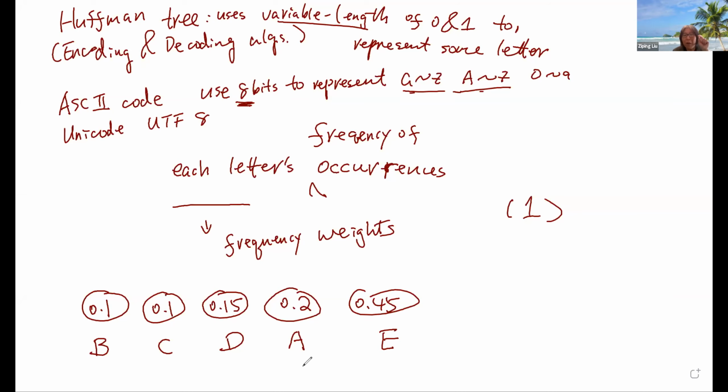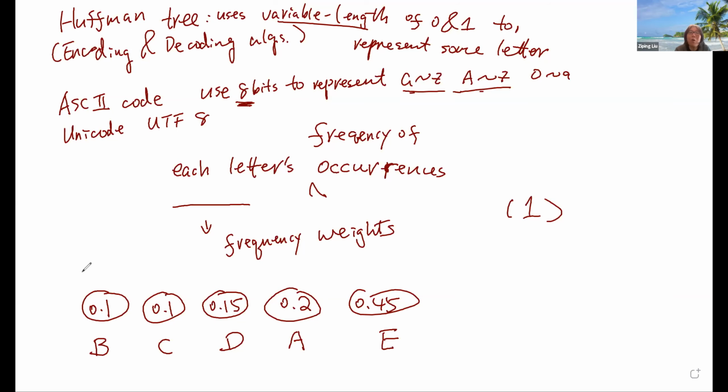The second most frequently used letter is A, and next is D, and B and C are the least frequently used letters in that paragraph or article.